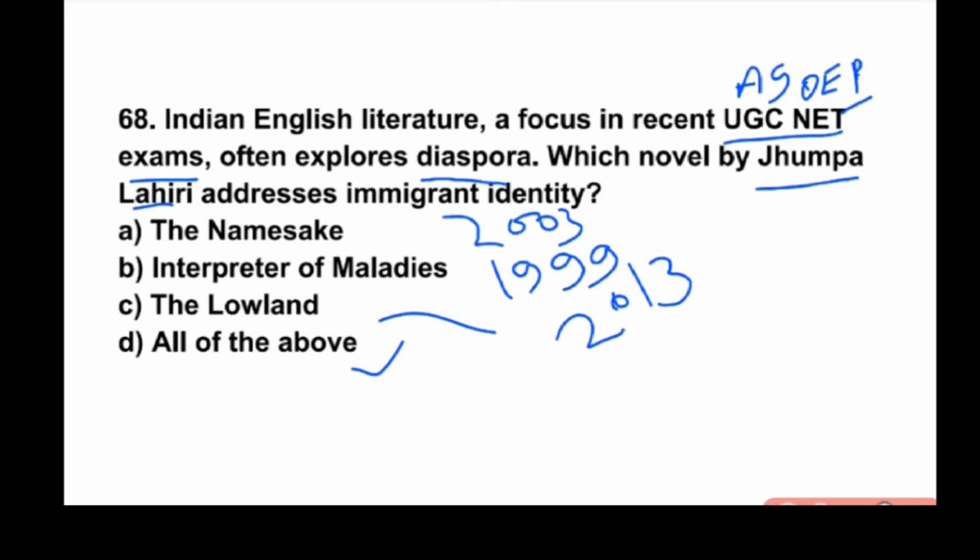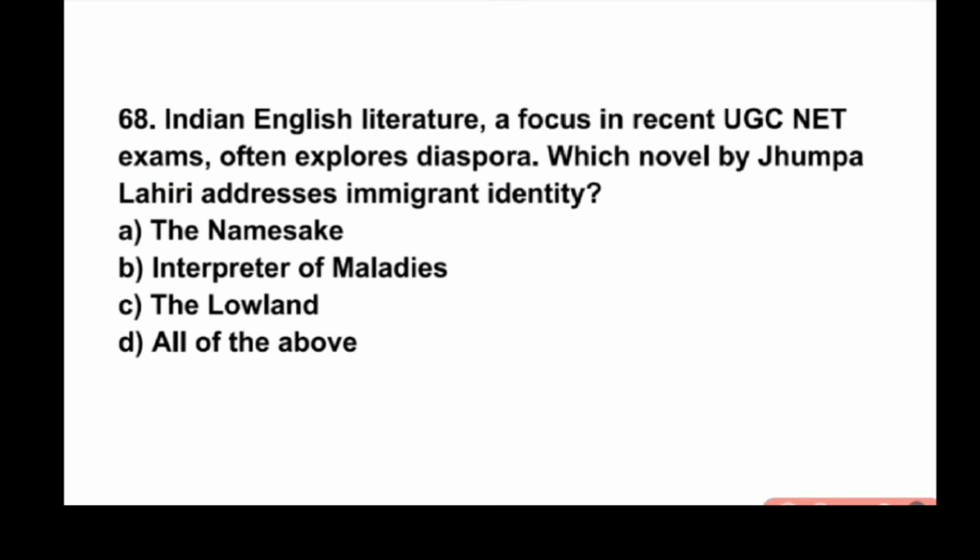Explore diaspora identity and post-colonial ideology.